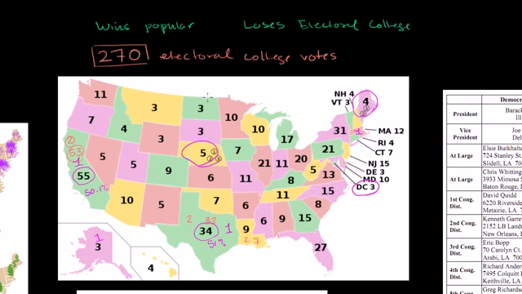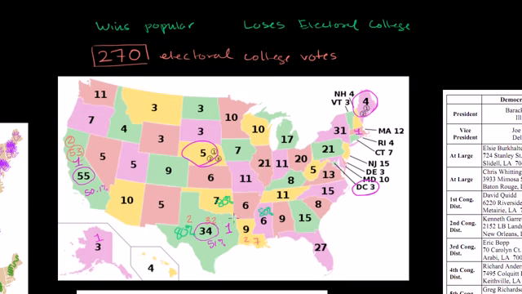The way to think about it is, imagine that someone, in the states that they win, gets huge majorities. So let's say there's a conservative candidate, and he or she gets huge majorities in the states they win. 80% in Texas. They get 80% in Mississippi. They get 80% in Oklahoma. They get huge majorities in the states that they win. And the states that they lose, they barely lose.